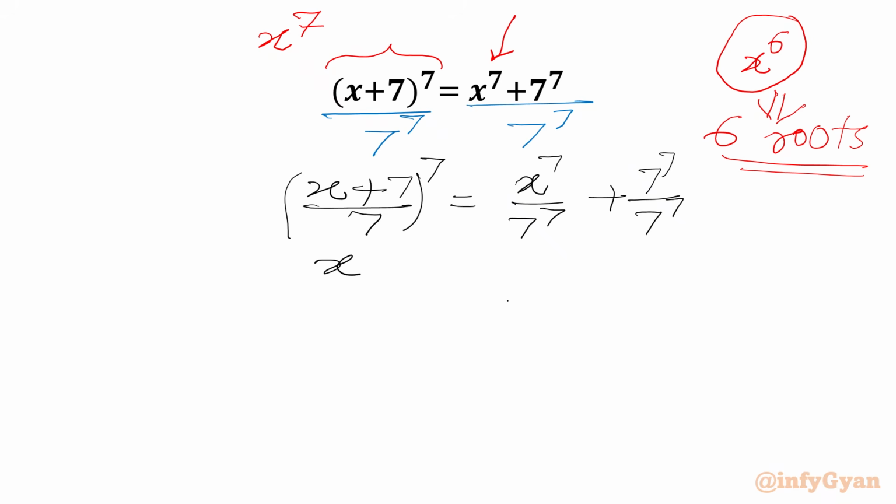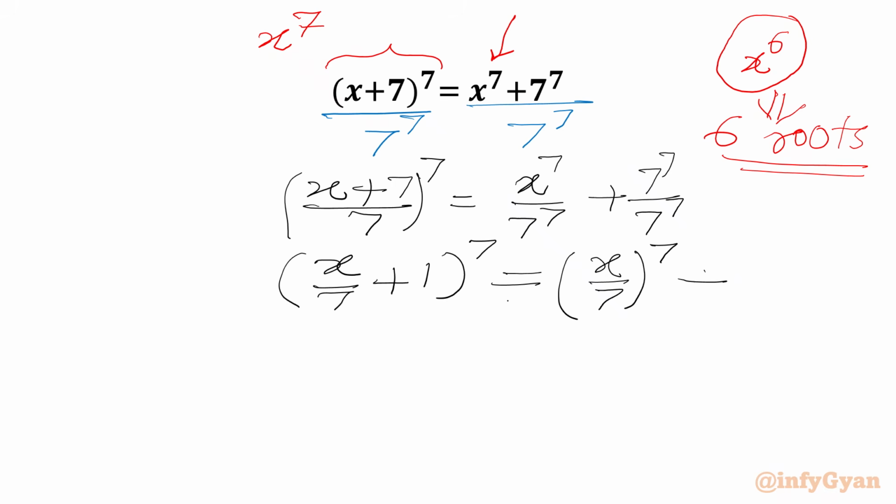We will write (x over 7 plus 7 over 7, which is 1) power 7 equal to (x over 7) whole power 7 plus 1.